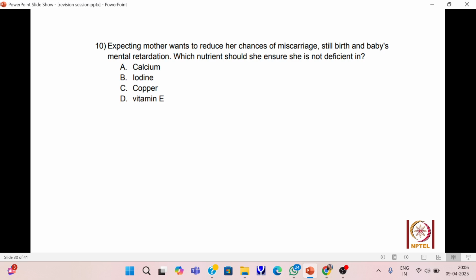Expecting mother wants to reduce her chances of miscarriage, stillbirth, and baby's mental retardation. Which nutrients should she ensure she is not deficient in?